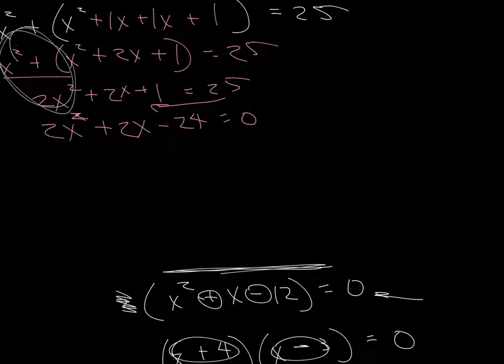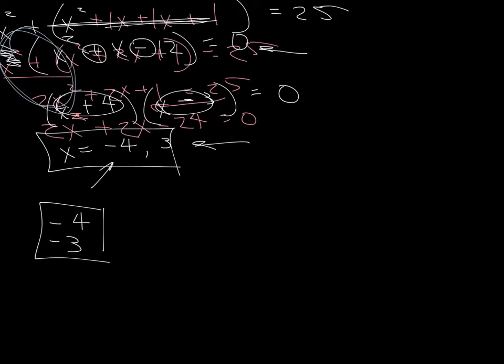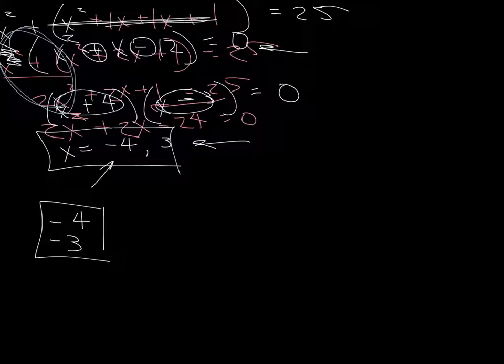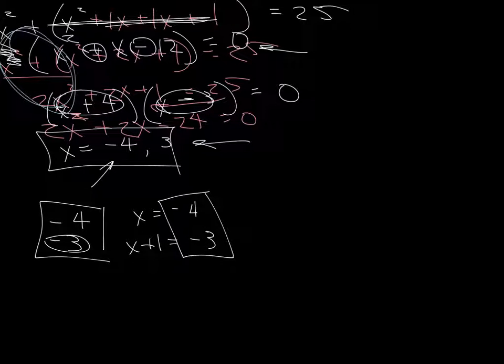So if one is negative 4, then x plus 1 is going to be negative 4 plus 1, which is going to be negative 3. So that's an option. The other option is if one of the numbers is 3, the other number is going to be 4.